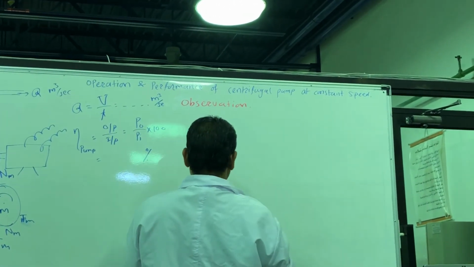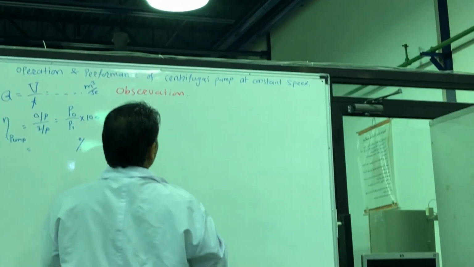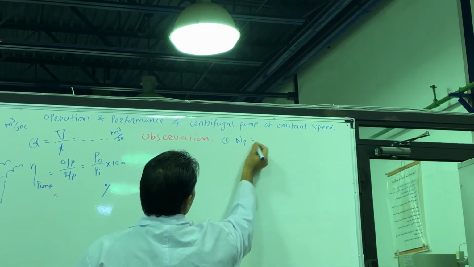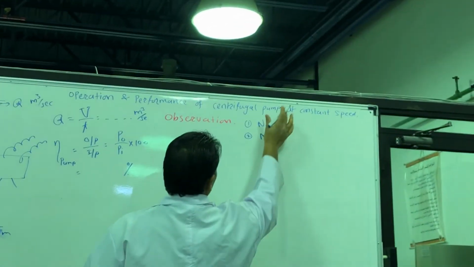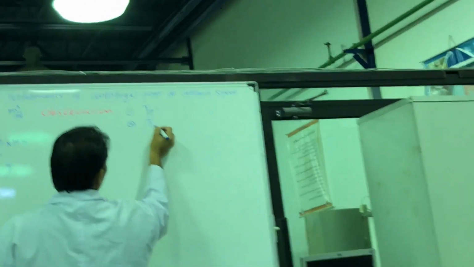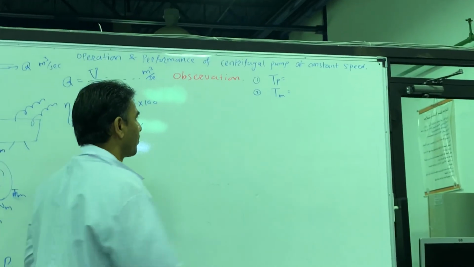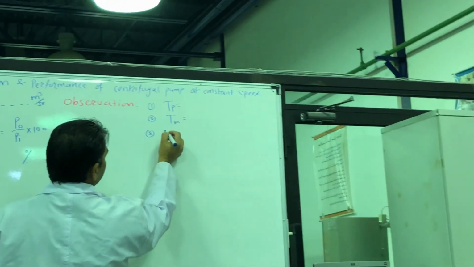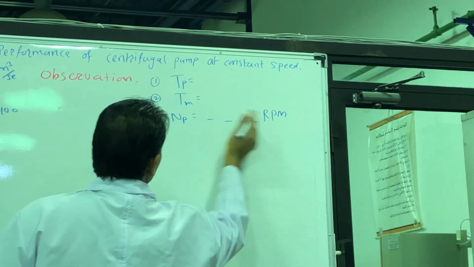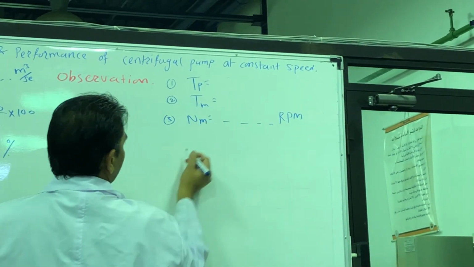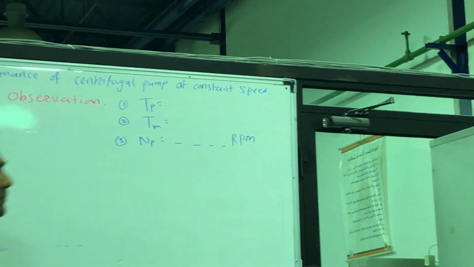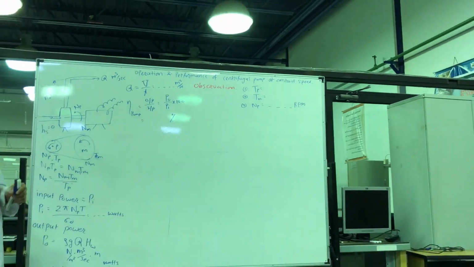First observation: number of teeth on pump. Number two: number of teeth on motor gear, and from that I will find NP. This is a constant RPM. NM also no need, I can find directly from here. NP. Okay, so this is the observation table.